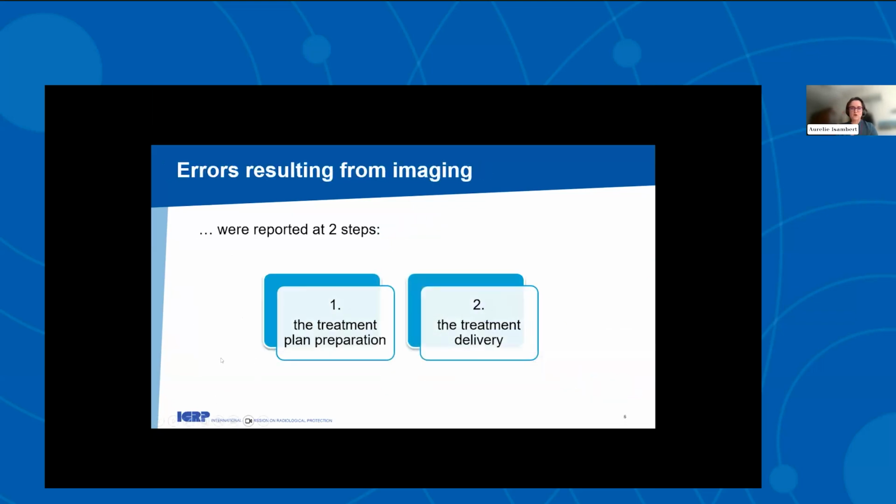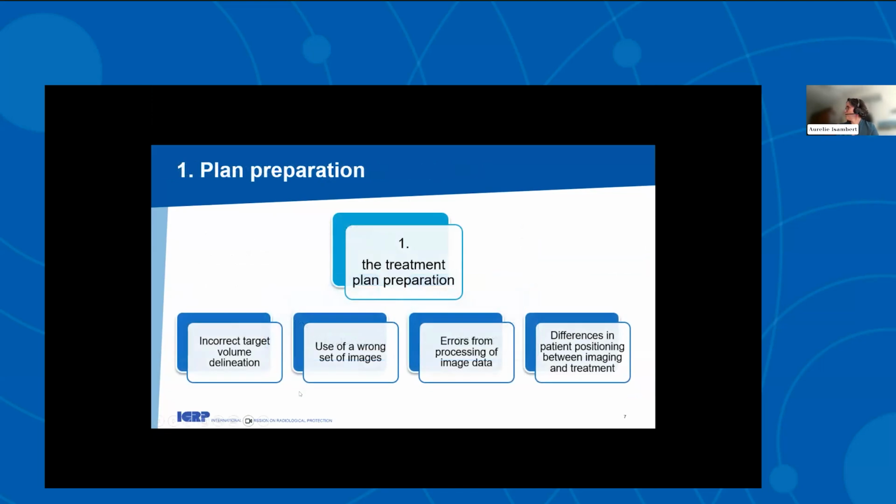The errors reported and available in these different sources, while using imaging, are described mainly at 2 steps: during the treatment plan preparation and the treatment delivery.